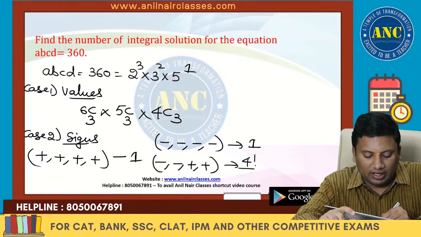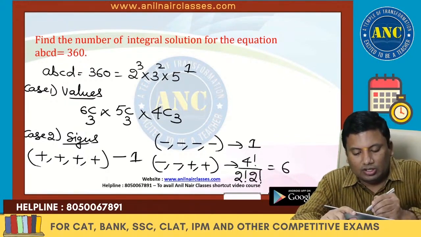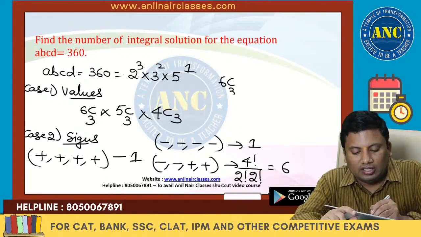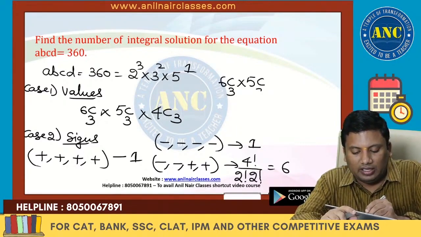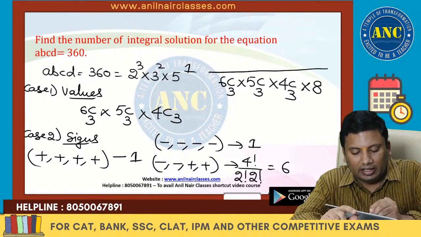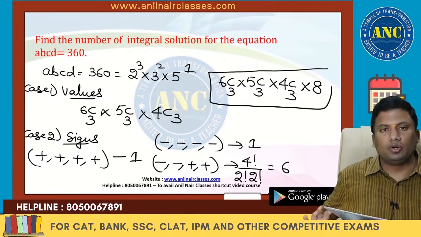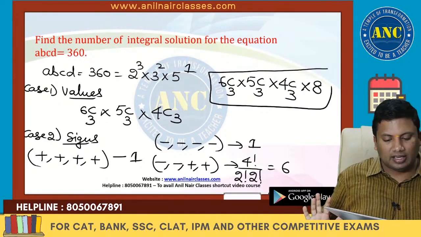Out of 4 factorial, 2 are negative and 2 are positive, which is 6. So the answer for this question is 6C3 into 5C3 into 4C3 into the total sign cases, which is 8. 6C3 into 5C3 into 4C3 into 8. I hope the idea is clear.